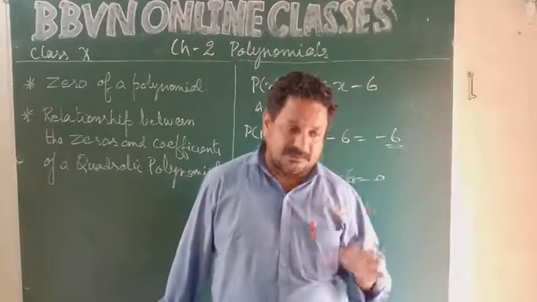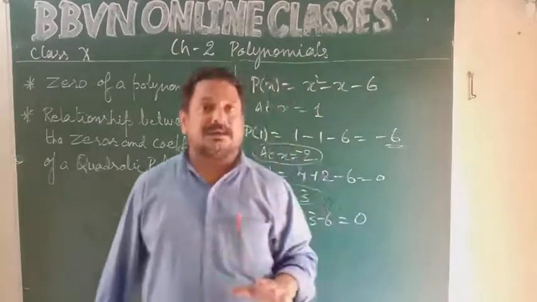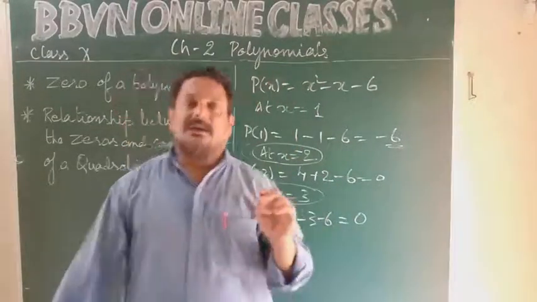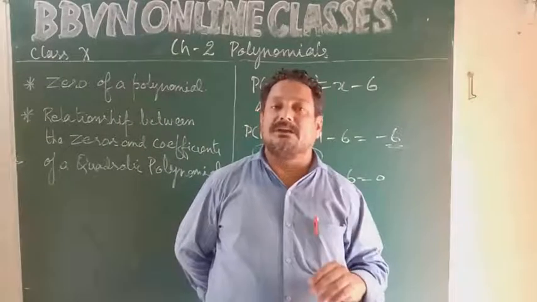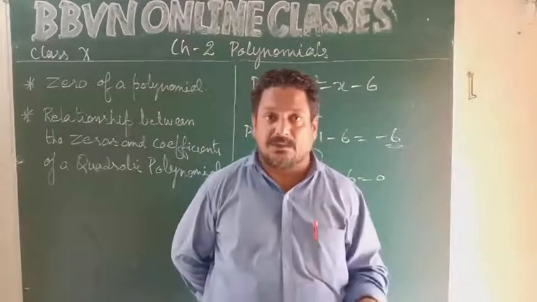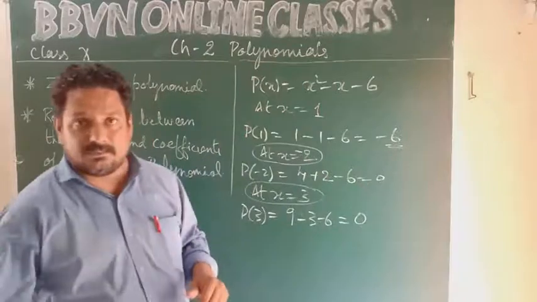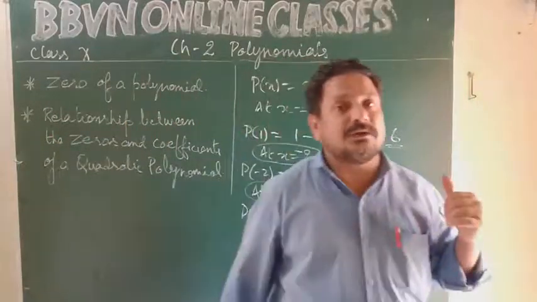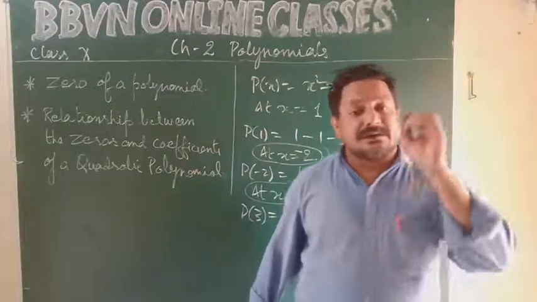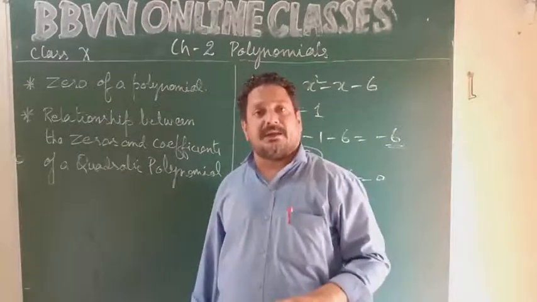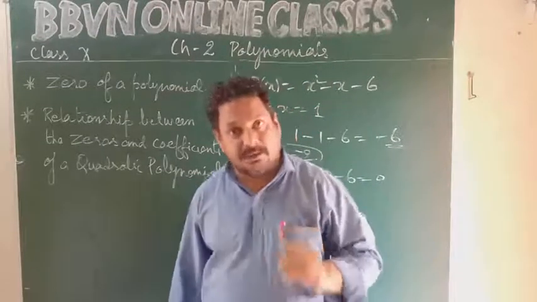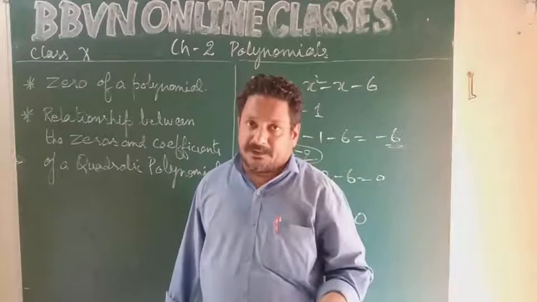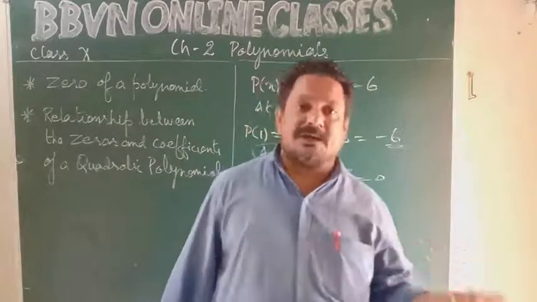It is possible that both the zeros are real and distinct. It is possible that both the zeros are real and equal. It is also possible that it does not have any real zero. Zeros will always be there, but they may be real zeros, they may be imaginary zeros.